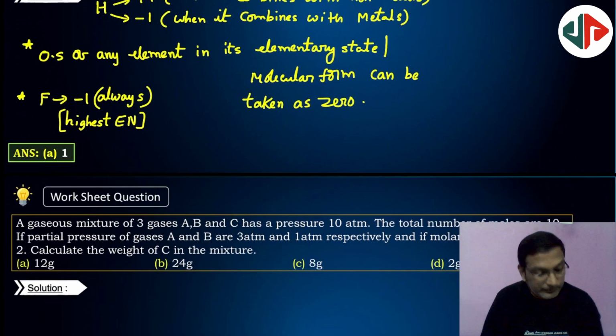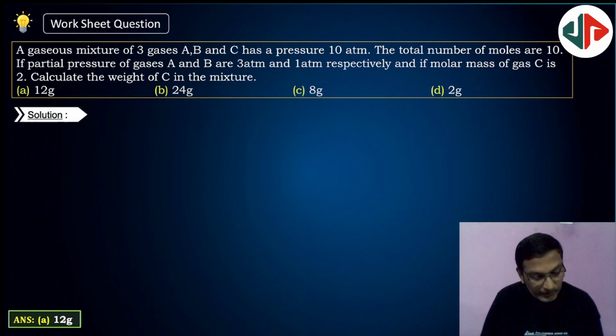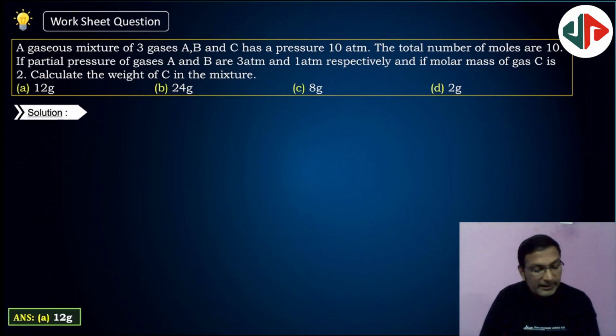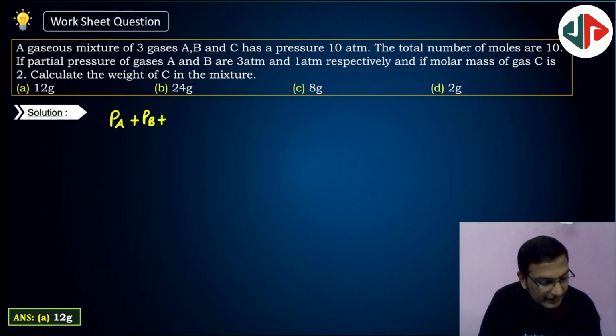Next. So, mixture of three gases A, B, C has a pressure of 10 atmospheres and the total number of moles are 10. From this we can calculate weight of C. Here what is given? Three gases Pa plus Pb plus Pc. Total pressure equal to 10 atmospheres.